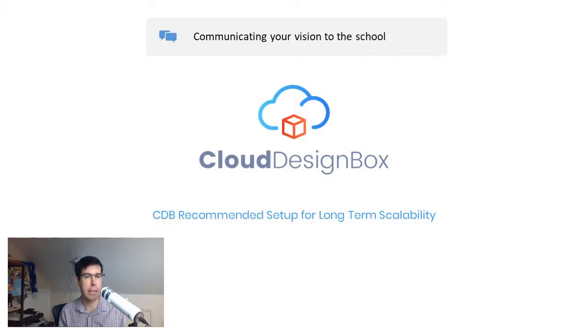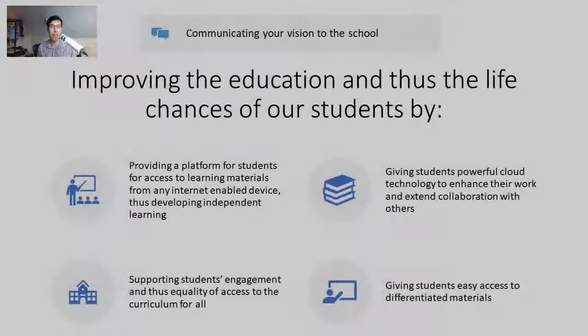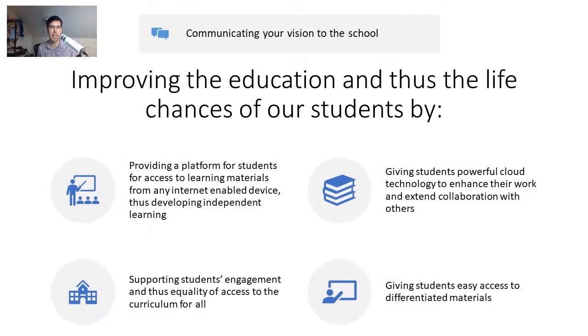And it gives you a chance to really push the school forward in terms of digital strategy and getting them using things like cloud computing, and getting all the benefits of that. Now, here's a quick example of how you might introduce your vision and merge that with some of the ethos and values of the school. This is a quick example of a way that one school has done that.